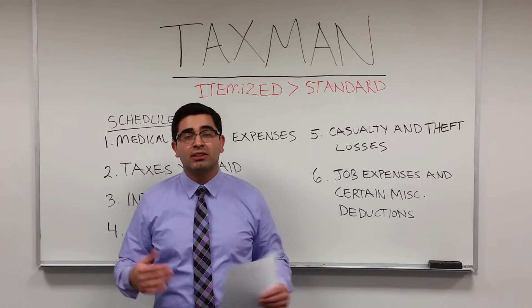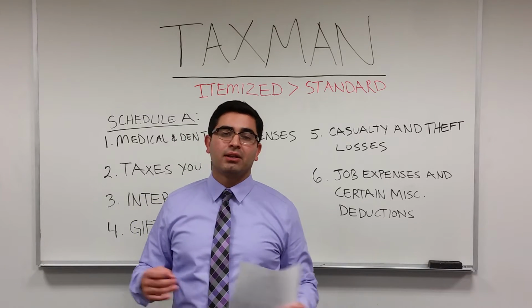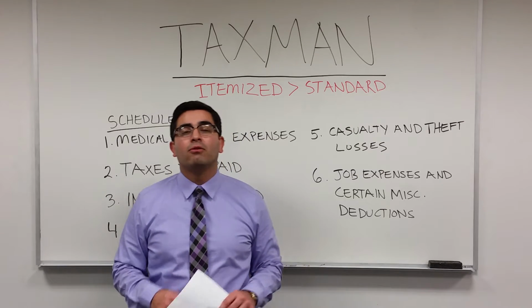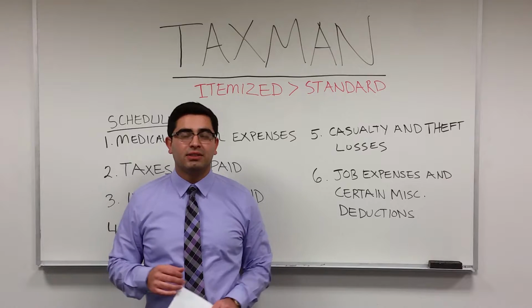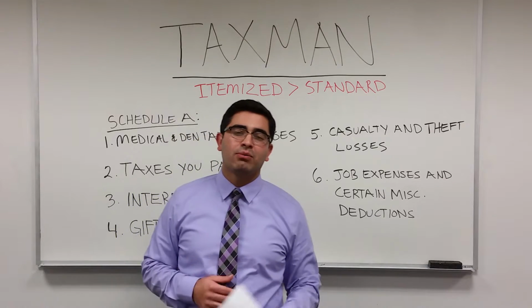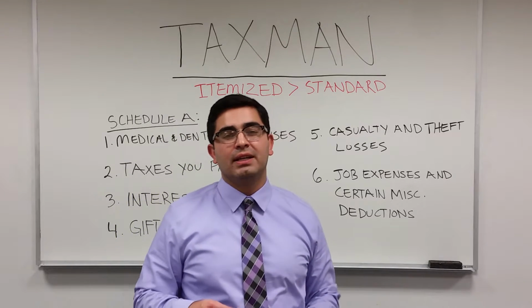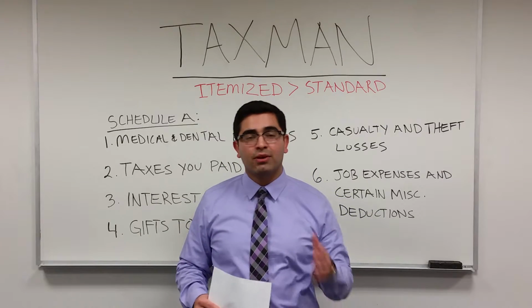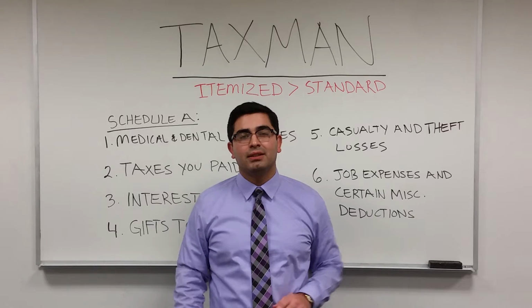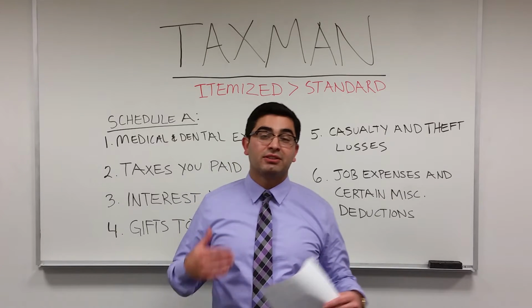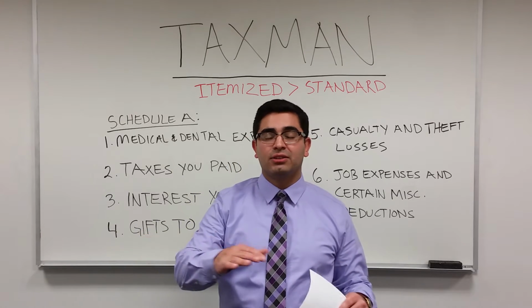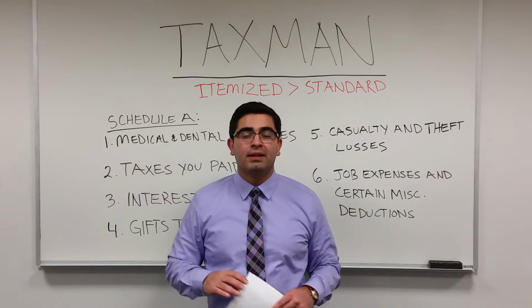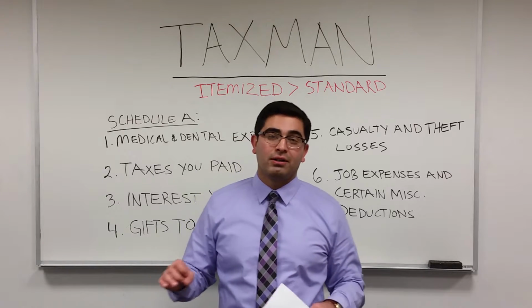If you're in the construction industry and you have protective equipment and clothing, that is also deductible on form 2106. One thing to keep in mind when you're reporting mileage though is that you cannot deduct commuting mileage. So if you commute to and from work, that mileage is not deductible. But for instance, if you're a salesman and you travel to clients throughout your area, then those miles are in fact deductible.